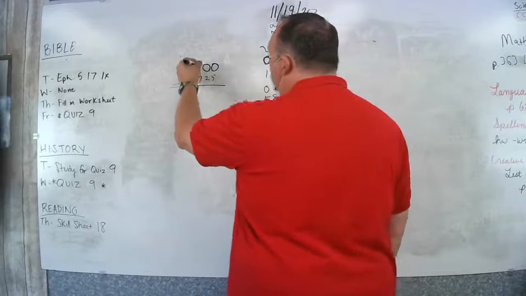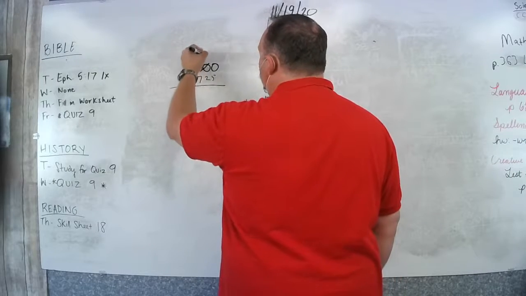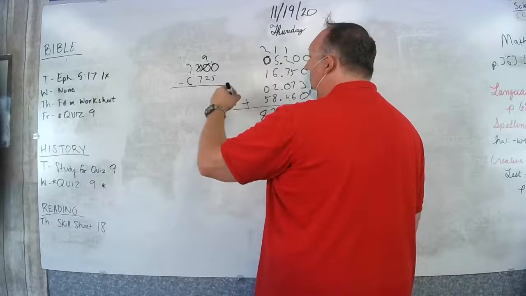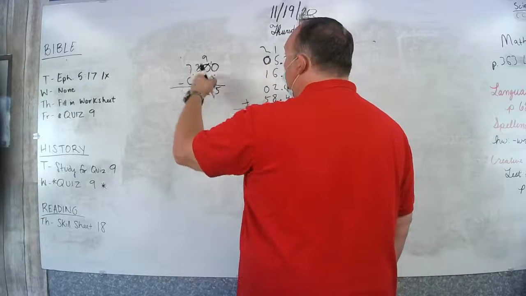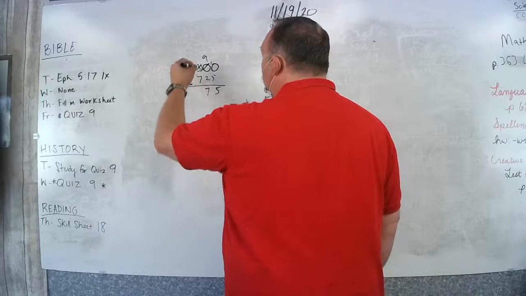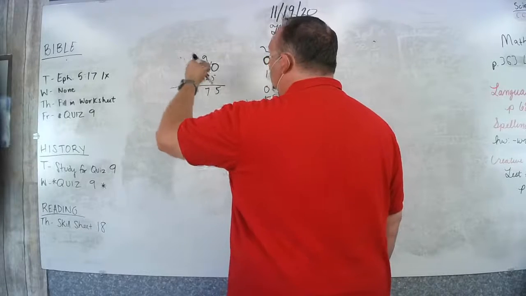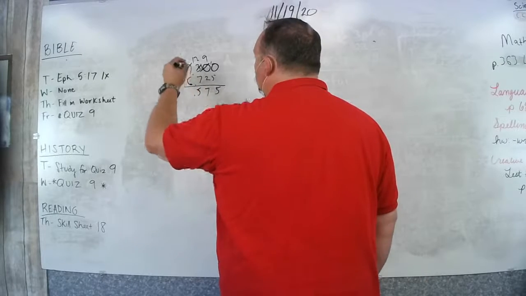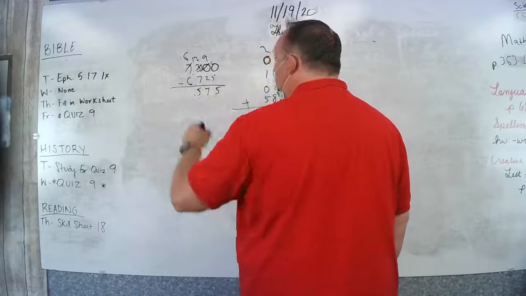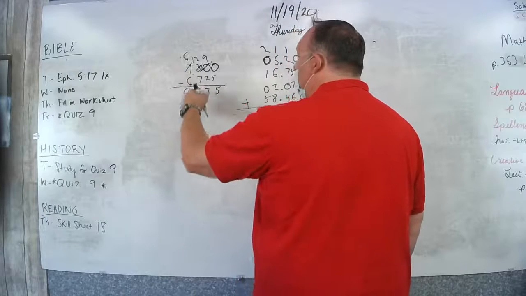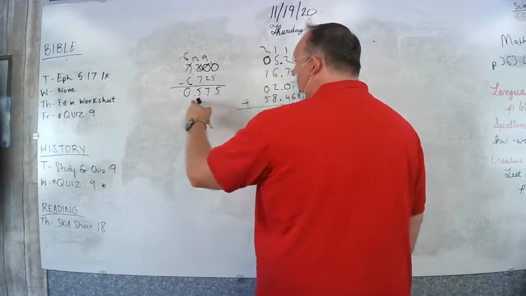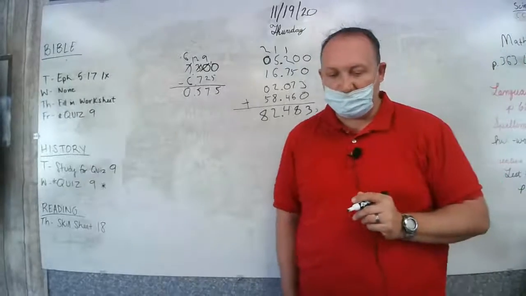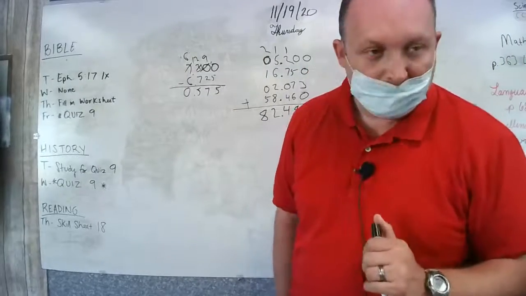I borrow from the 3, that makes 10. Borrow from the 10, that makes 9. Make that into a 10. 10 minus 5 is 5? 9 minus 2 is 7. Have to borrow over here, that makes 12. 12 minus 7 is 5. 6 minus 6 is 0. So I bring my decimal point down, and my answer is 0.575.